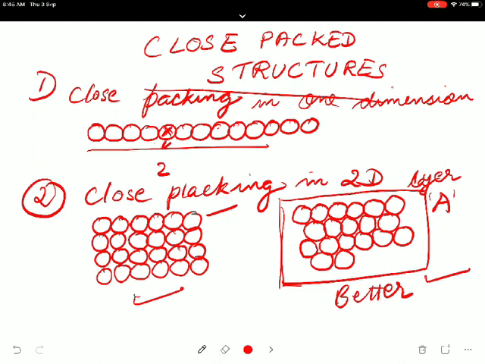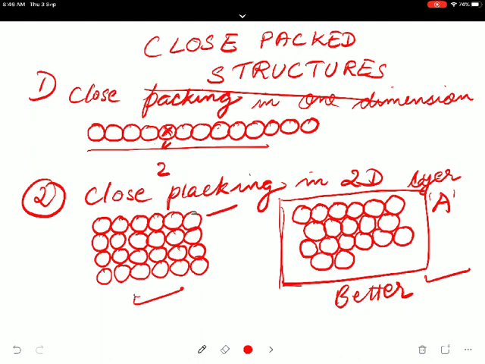If I keep the spheres or atoms of the B layer, the second layer, just above the spheres of the A layer, then I will not call it a B layer. It will be in the same alignment of the A layer, but that is an inefficient packing. So I am going to place the B layer in the depressions or the gaps seen in the first layer.